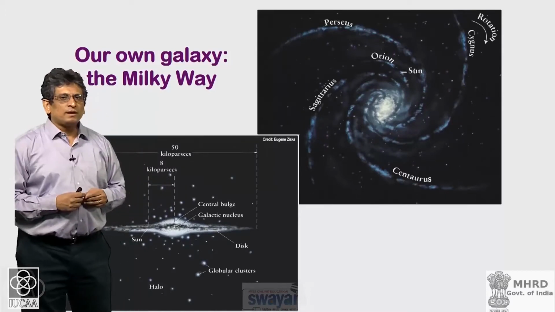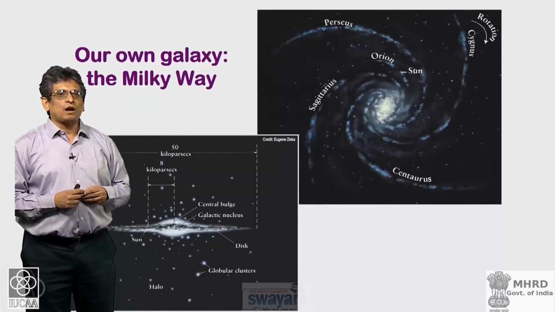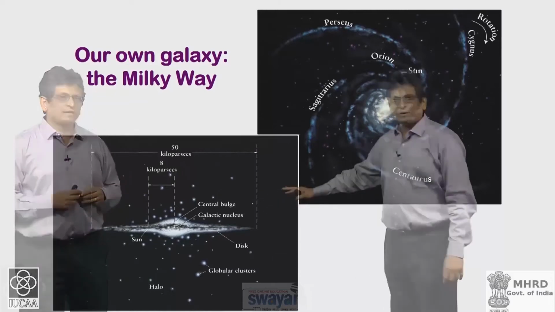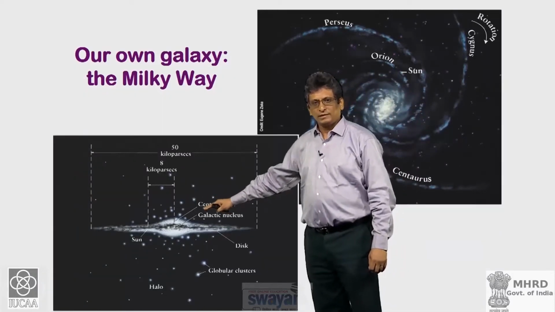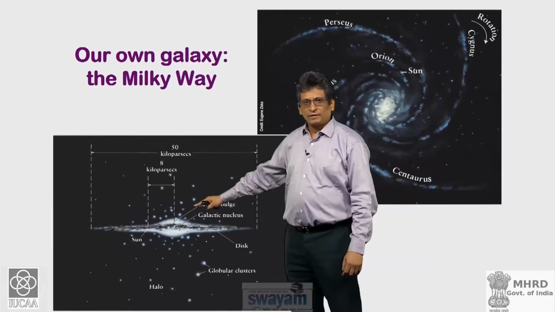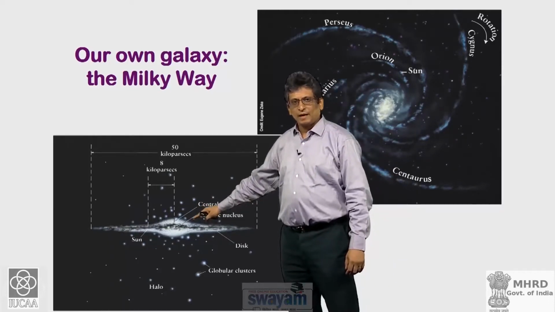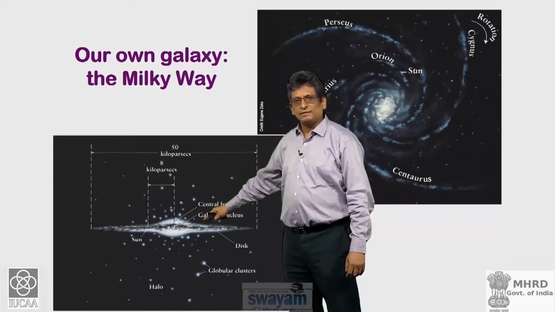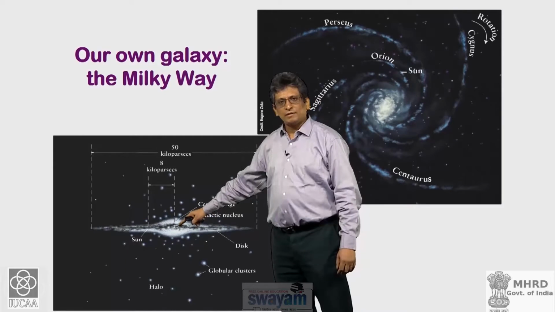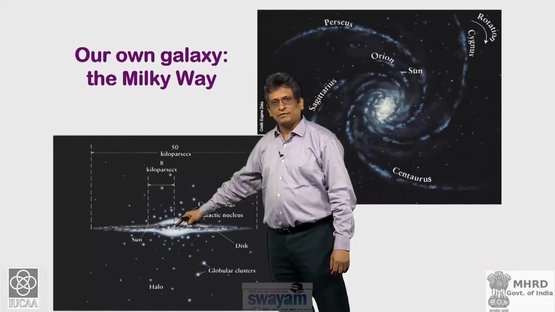As you remember, we looked at what our galaxy looks like. If you look at the galaxy sideways, you will find that it's a very flat disk, and there is a lot of dust in the plane of the galaxy, and our sun is not situated at the very center of the galaxy.